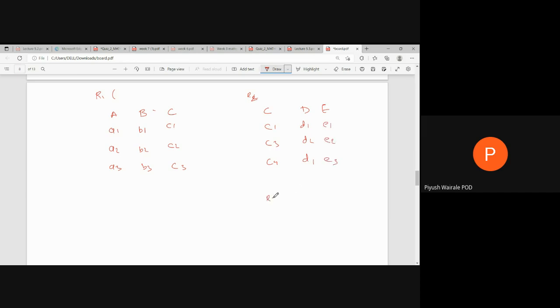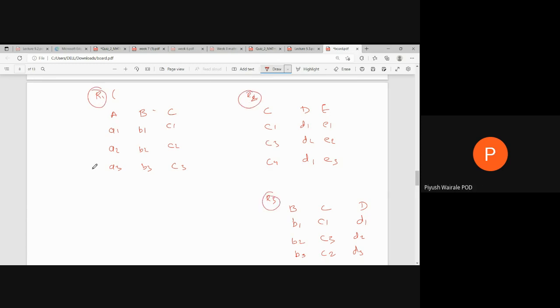Now R3 is say B, C, and D: B1, C1, B2, C3, D1, D2, D3. So my screen is visible, right? This is my R1, this is my R2, this is my R3.